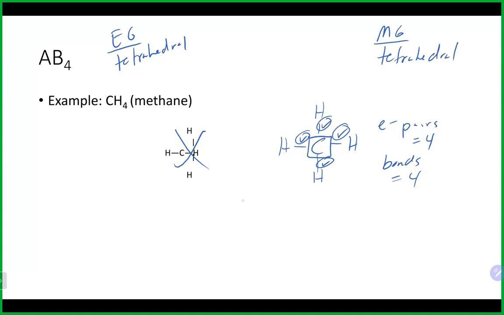And same idea here. What's going to happen is basically you'll get this deal happening. These guys are going to spread out as much as they can, but we got that 4th bond in there, which means these guys also have to keep a little distance from each other, and they'll end up with this tetrahedral shape that sort of looks like that there.